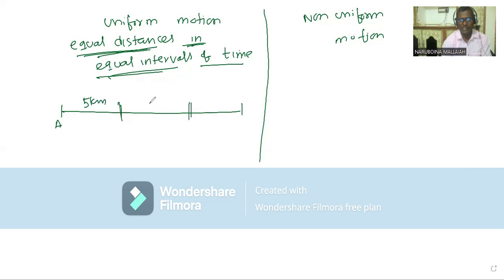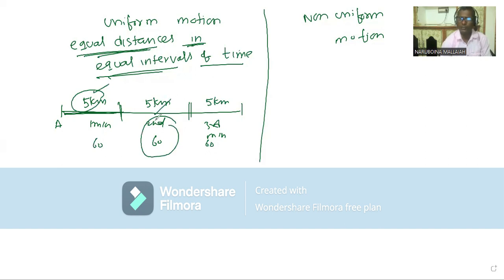In the second minute, it covers 5 kilometers. In the third minute also, 5 kilometers. First minute means 60 seconds, second minute also 60 seconds. In the first 60 seconds, it covers 5 kilometers. In the next 60 seconds, 5 kilometers only, and in the next 60 seconds, 5 kilometers only.